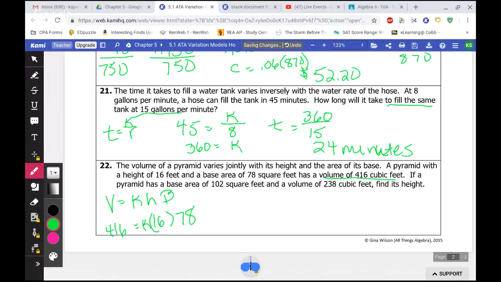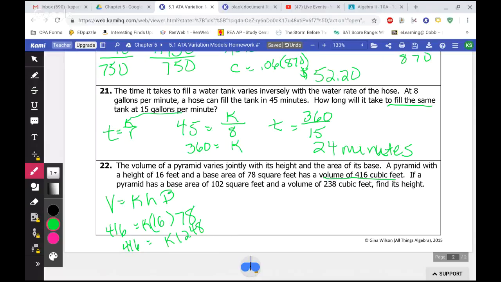In this particular case, the height is 16 and the base area is 78, and the volume is 416 cubic feet. So we want to take 16 and multiply it by 78. And you get 1,248.